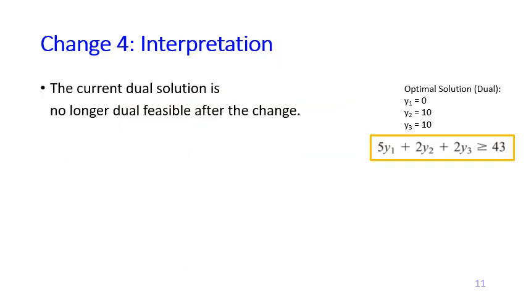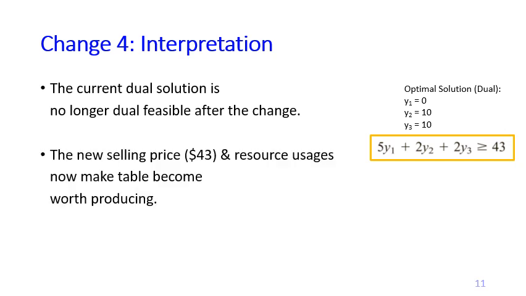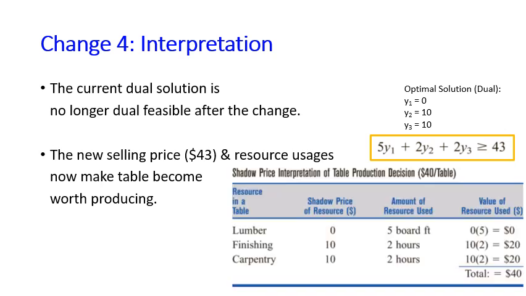From the previous slide, we conclude that the current basic variables are no longer optimal because the current dual solution is no longer dual feasible after the change. It means that the new selling price and the resource usages of the new table make the table now worth producing. Why is this the case? Again, we may check from the viewpoint of the shadow price. We have the shadow price for each constraint.